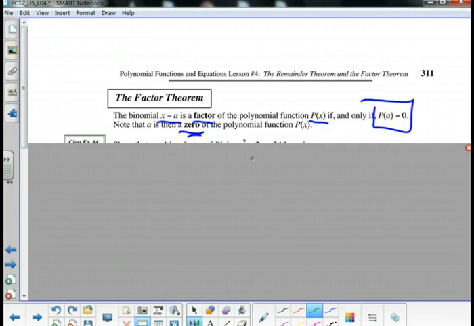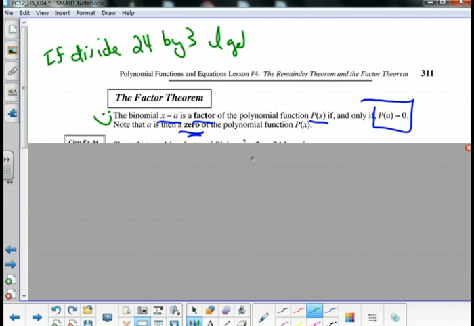Factor theorem to me means this. So this is my own words. If you read it and this makes perfect sense, good for you. Factor theorem to me means if I divide 24 by 3, I get no remainder. Therefore, 3 is a factor.